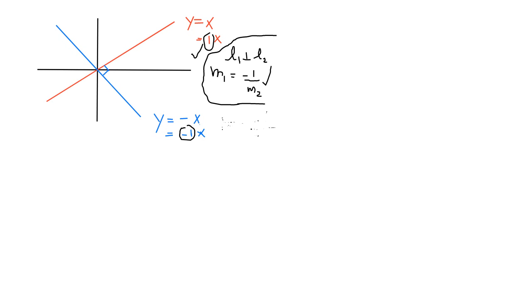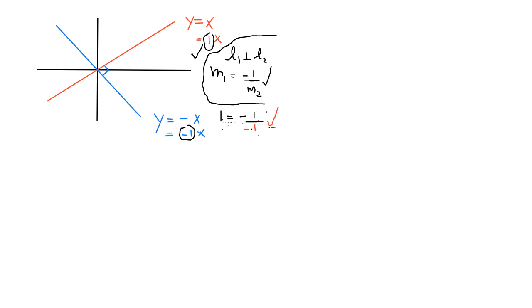The slope of the first line was equal to 1. That is equal to -1 over the slope of the second line, which is -1. Right? It checks out for this little example, and it kind of motivates the definition.